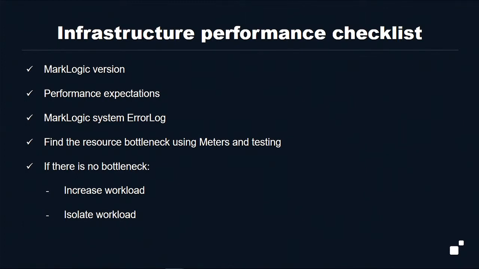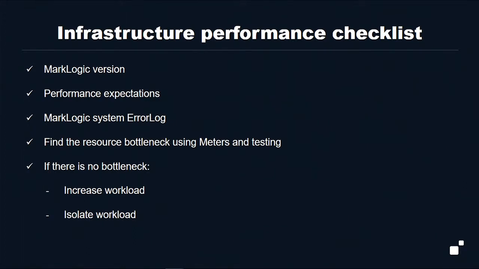Your MarkLogic version. Are you running a recent version of MarkLogic? What are your performance expectations? Are those expectations reasonable? Maybe they are, maybe they're not. Let's talk about what feeds into that. What's in the error log, and particularly some very useful new error messages that have been added to more recent versions of the product.